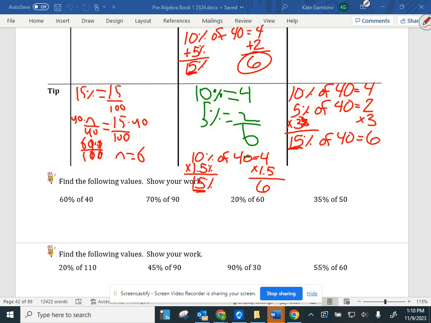The way Mr. Schultz had it in the answer key was adding 5%. The way Lucas did it was dividing down so he could multiply up to 15. The way Henry did it was, oh, I know 10 times this gets me to 15. Okay. So everybody's coming at it a different way, but we're still coming up with the same 15%.